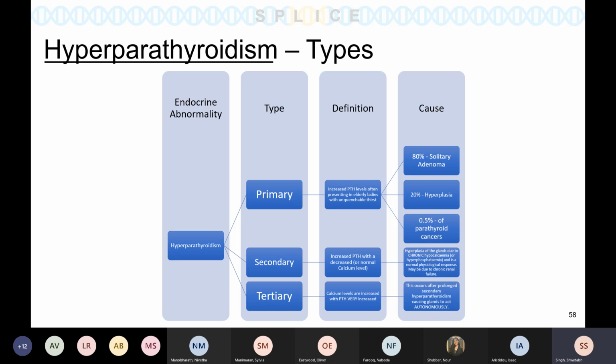Secondary is increased PTH with a decreased or normal calcium level. Essentially, it's normally coupled with somebody who has chronic renal failure. You get hyperplasia of the glands due to chronic hypocalcemia or hyperphosphatemia, which are the electrolyte imbalances caused by renal failure.